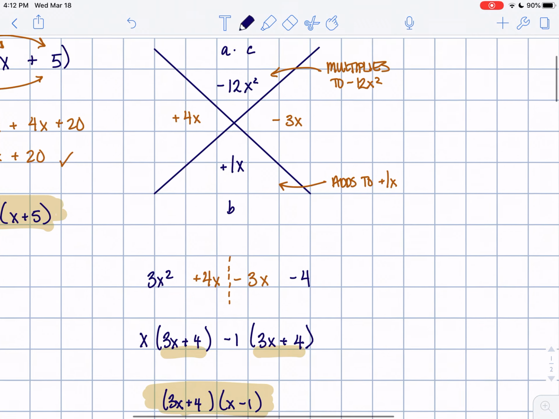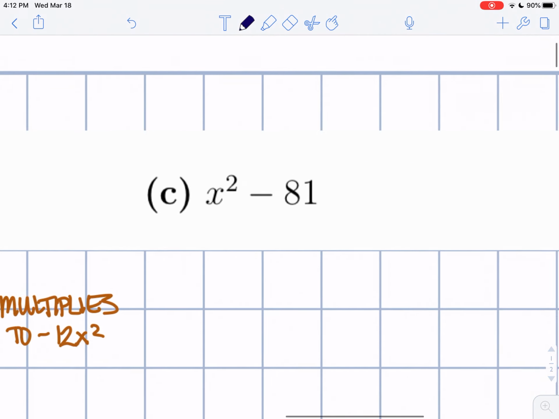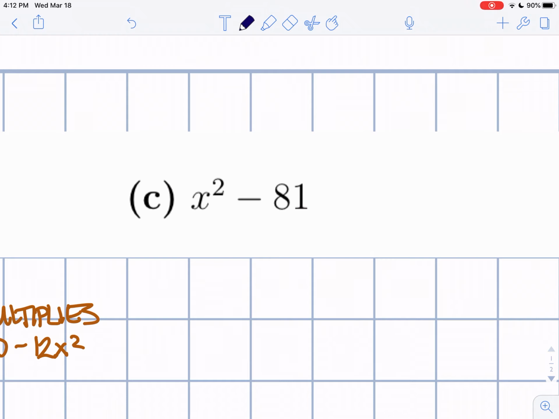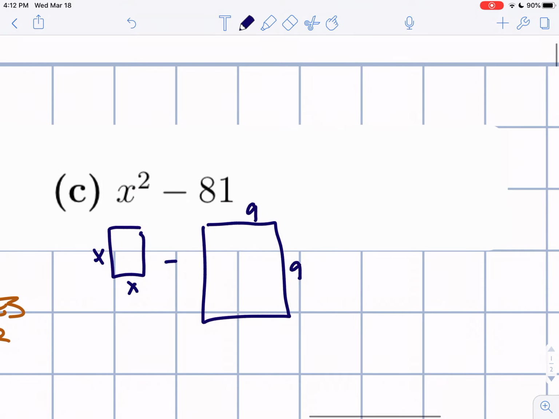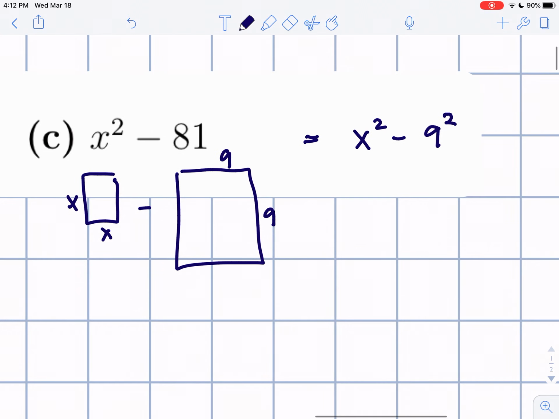And finally, x squared minus 81. I recognize this as a difference of squares. This is a square that's x by x, and this is a square that's 9 by 9. Right, so I can rewrite this as x squared minus 9 squared. And I know this pattern, x minus 9 times x plus 9.